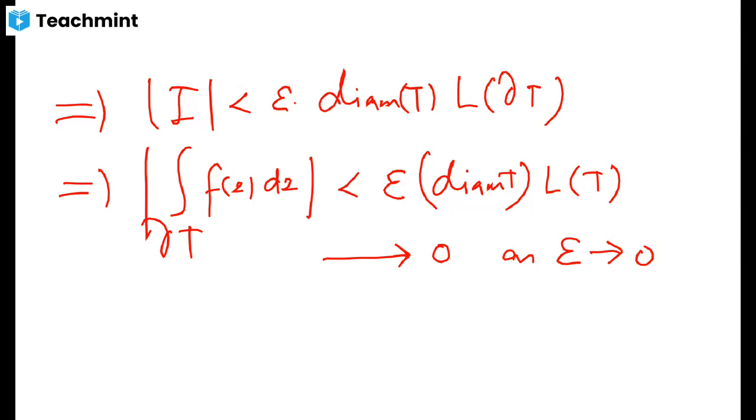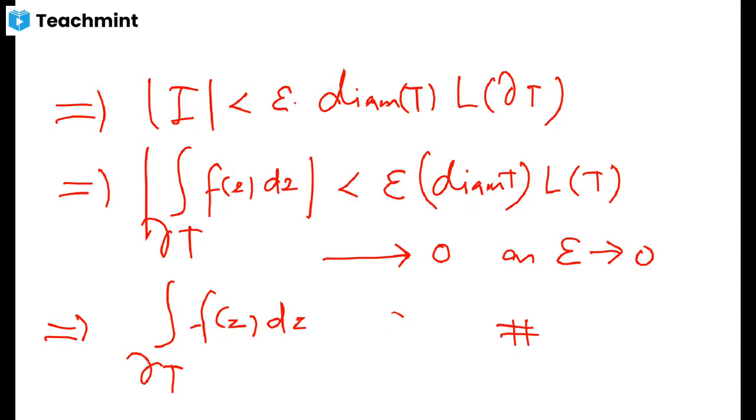A constant times something going to 0 is 0. So this gives us the required conclusion: the integral of this analytic function over this triangle is 0. So this is the proof of the triangle case.